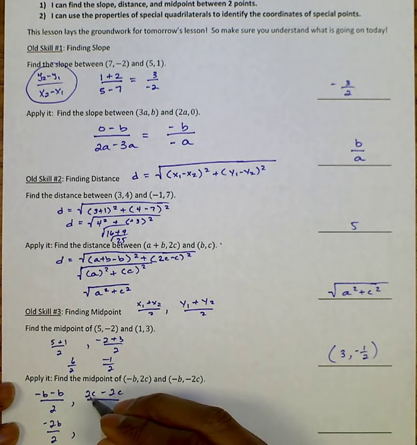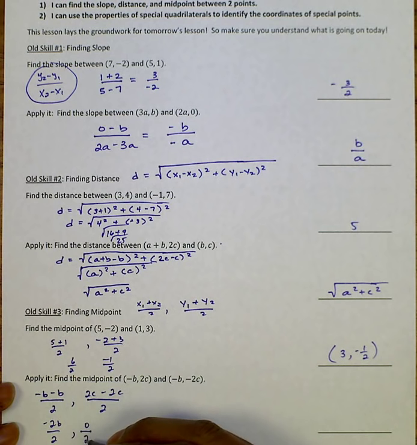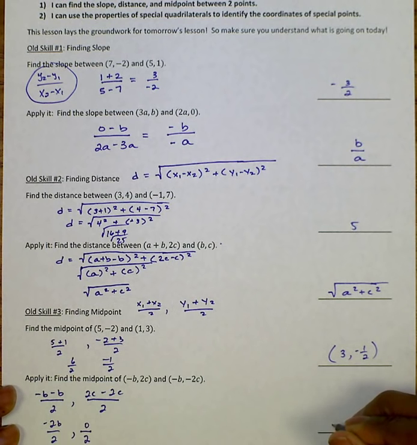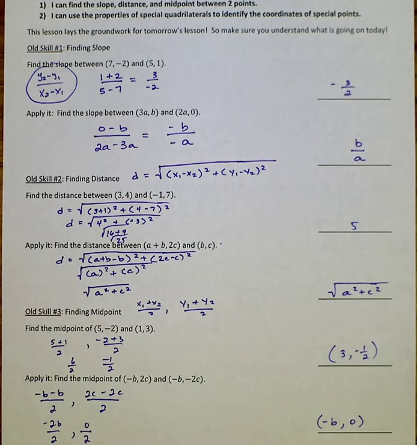And then 2c minus 2c gives us 0. And so now we simplify. Negative 2 divided by 2 is negative 1. So we have negative b here, comma 0. That would be our midpoint. Okay, so again, showing you that you can do these same skills that we did in algebra and earlier in the year when we have variables present.